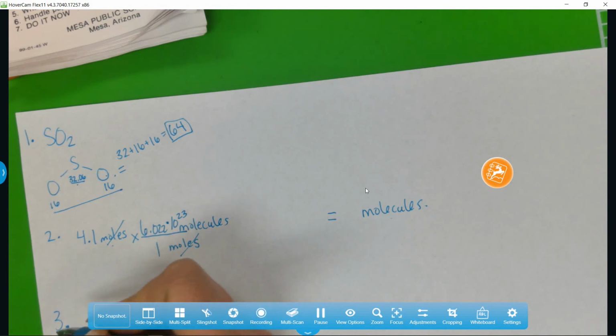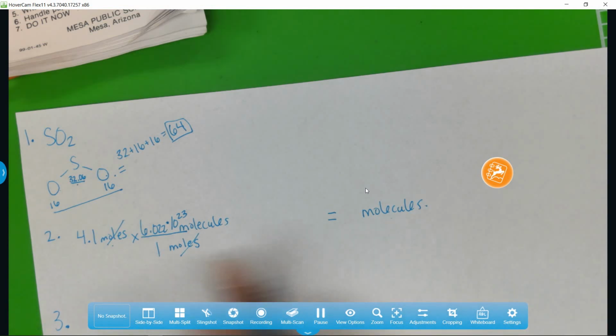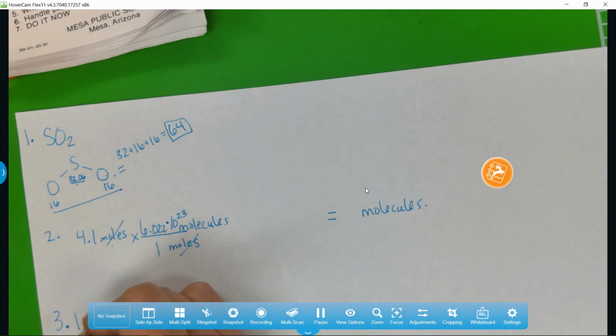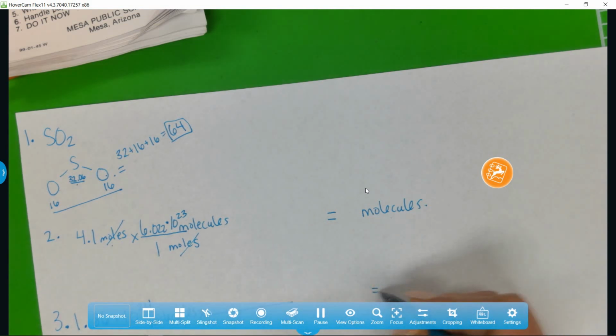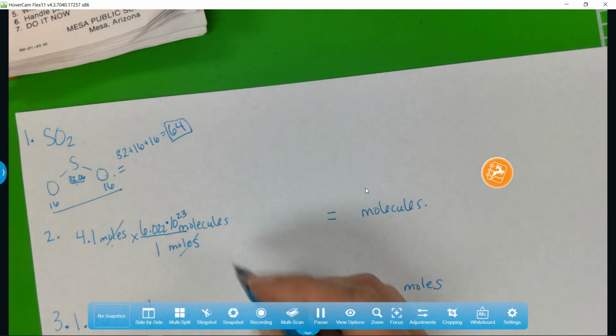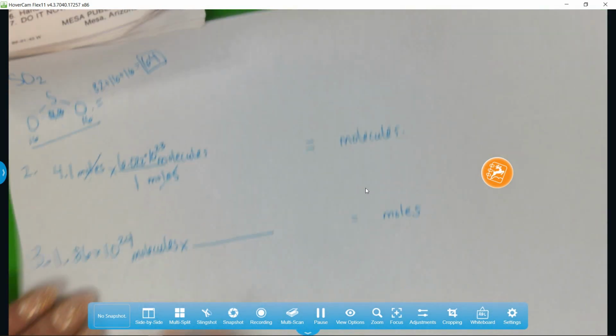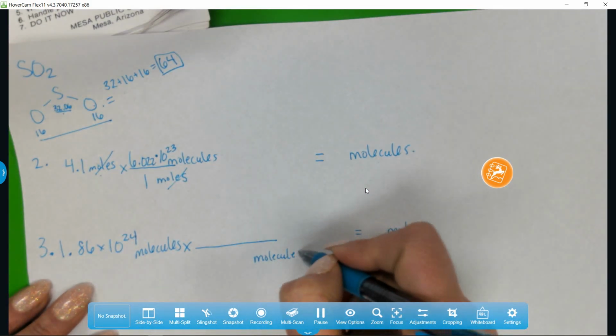For number 3, which is like exactly the opposite of number 2, in this case, it's asking you for moles, it's giving you molecules. So I'm going to do the same thing where I write down my molecules first. And we'll multiply in a line. I'm trying to get to moles. And so again, whatever I start with has to go on the bottom of my fraction, molecules.